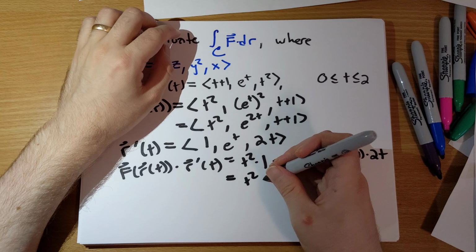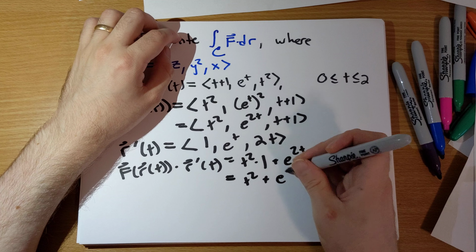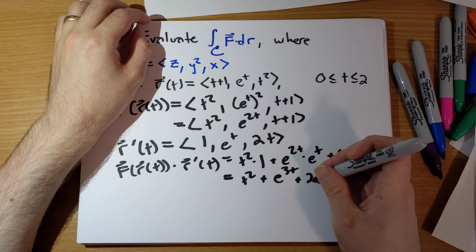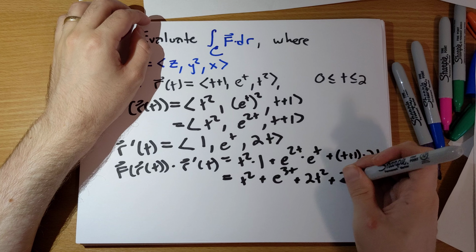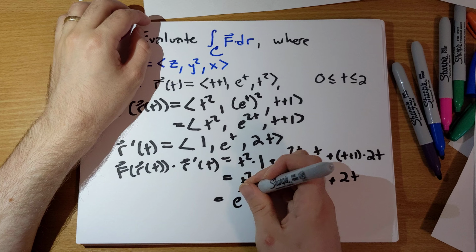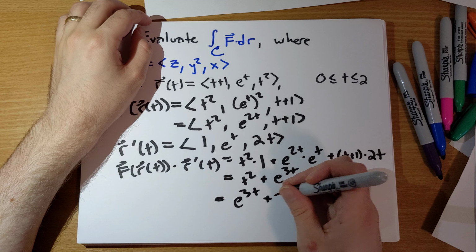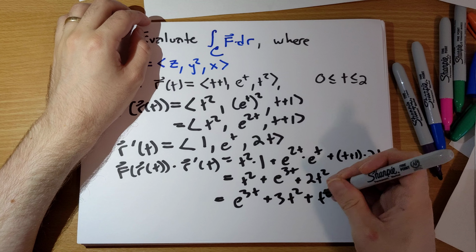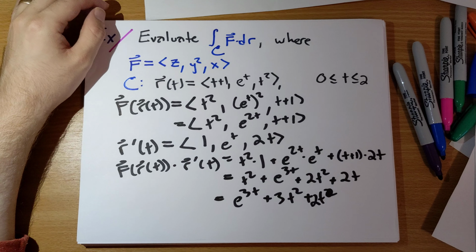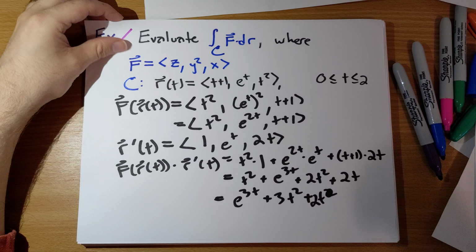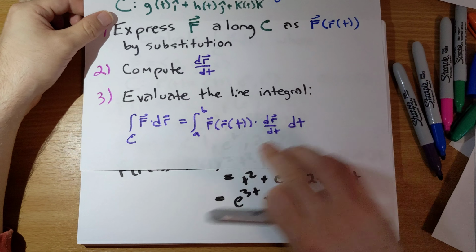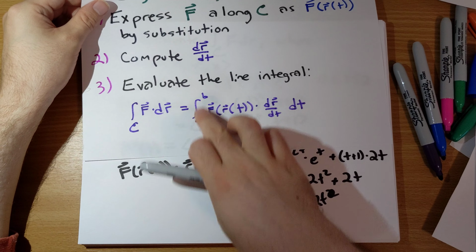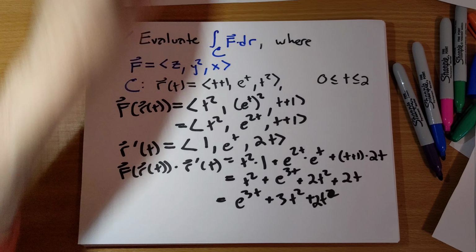So t squared plus, that's e to the 3t, plus 2t squared plus 2t. So e to the 3t plus 3t squared plus, oops, not t squared, 2t. And so now what we have to do is integrate this expression right here between a and b, which are 0 and 2.